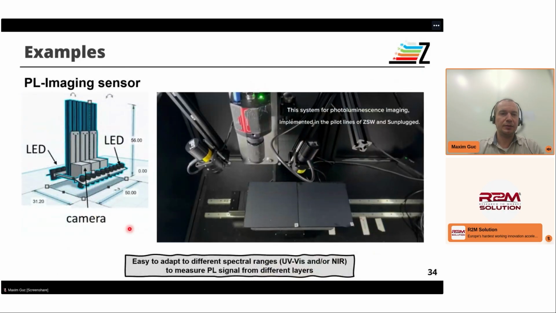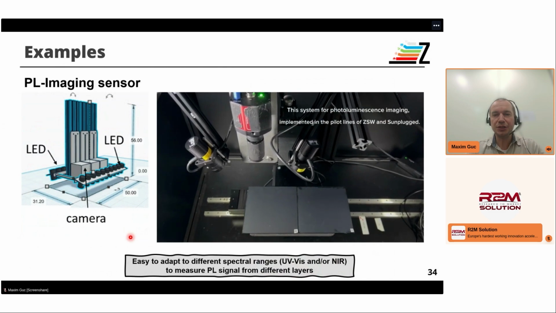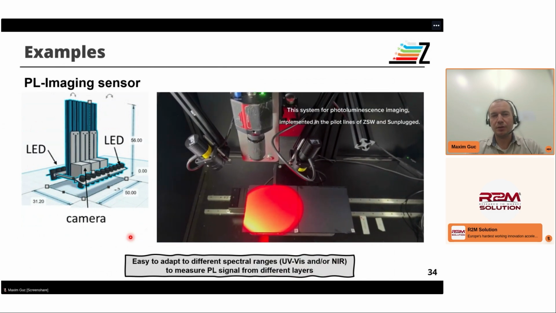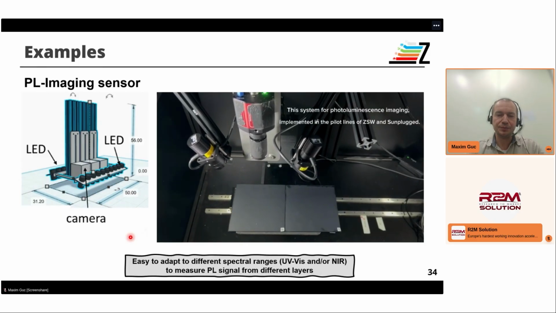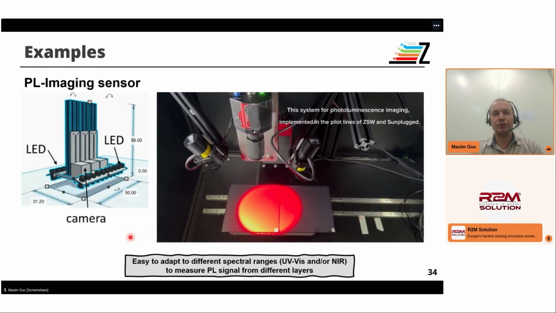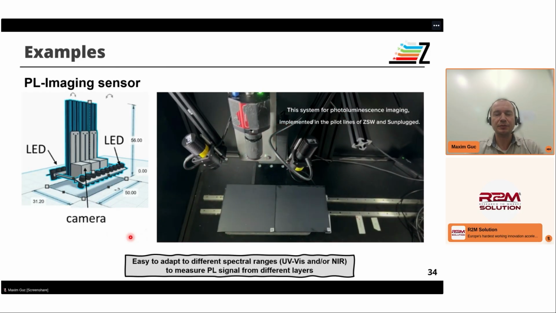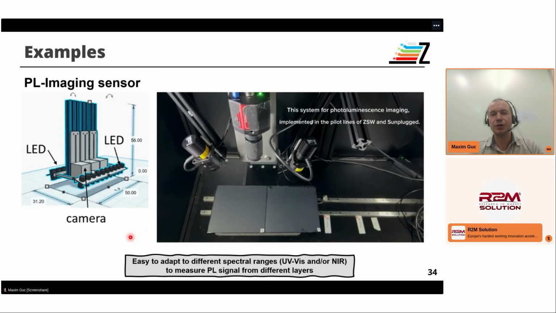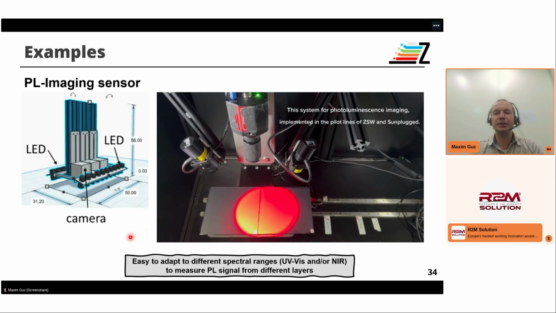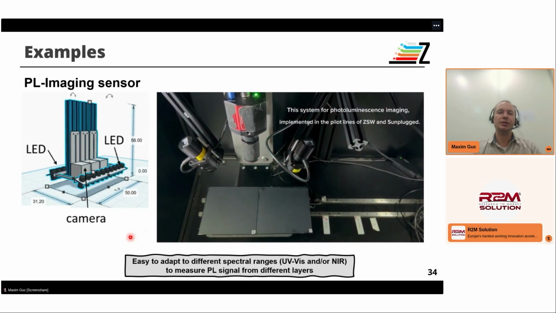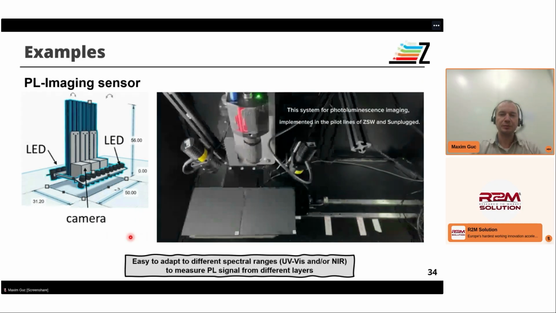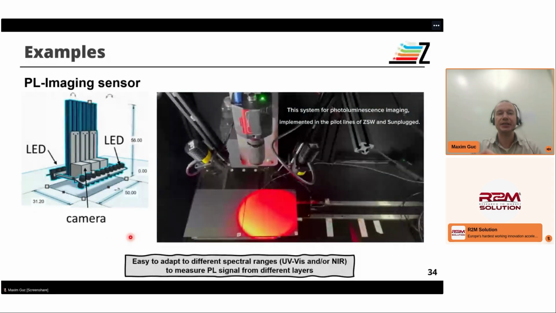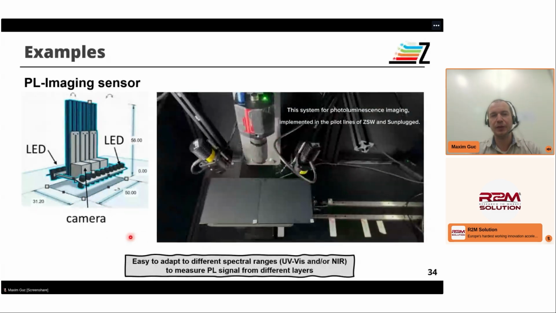And finally, I will show you the PL imaging sensor. This is also a quite well-known technique used for photovoltaic materials. We know that a good photovoltaic material or good photovoltaic absorber should have a good PL signal. So when you have huge samples, it's nice to measure a big surface of the sample directly in order to identify any possible inhomogeneities in the sample while producing.